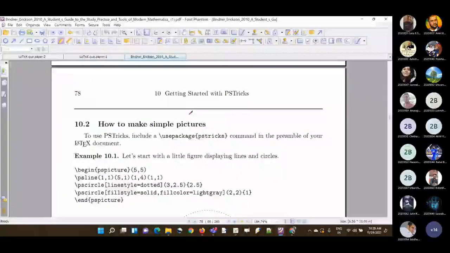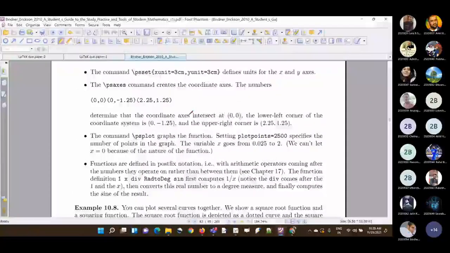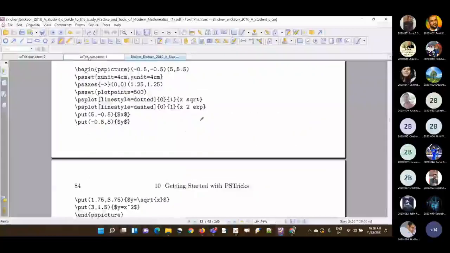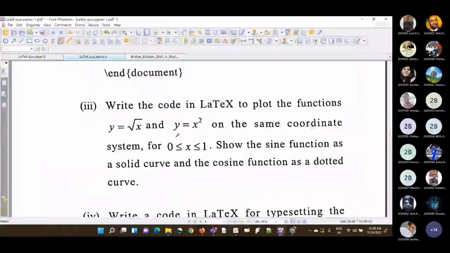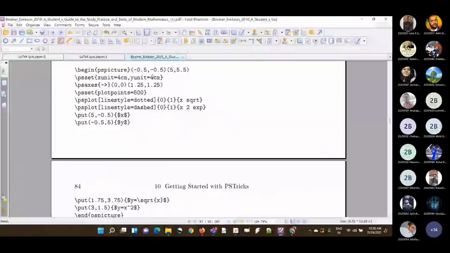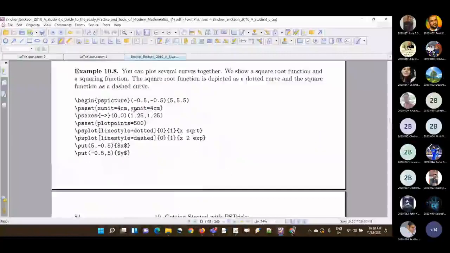So what we have been asked: y equals square root of x. So we have a square root of x already like this. Then another one is y equals x squared, so here also you have x squared. I think you can read this command, and of course I have explained it to you in the class.